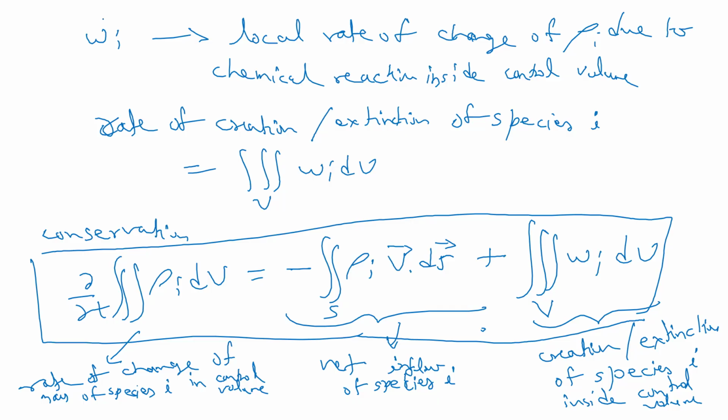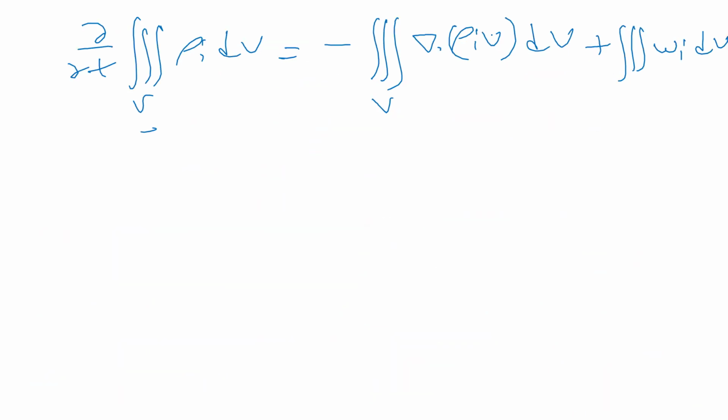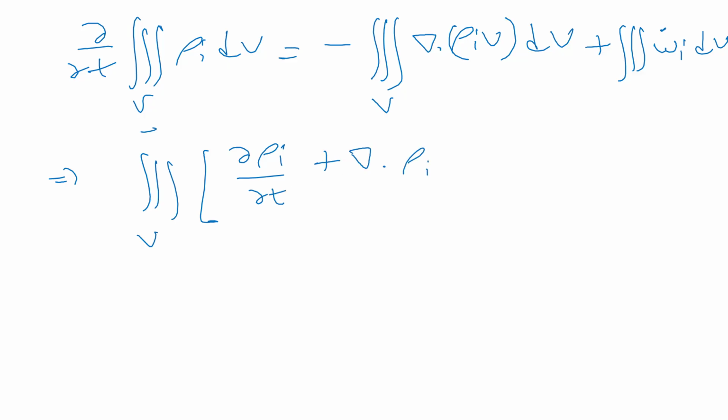We are using rate, so I will use a dot here. If we take all this together, we will get triple integration of dou rho I by dou t plus del dot rho I v vector minus w I, dV, equal to 0.